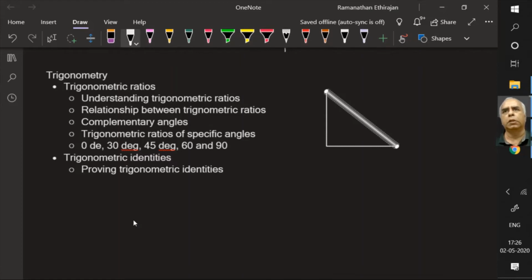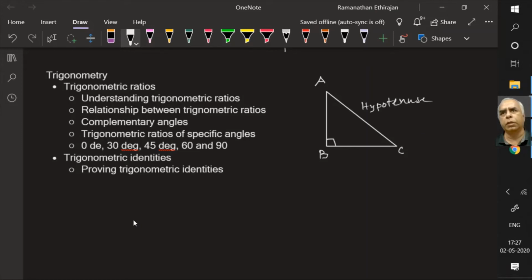Let us consider this is A, this is B, this is C, and this is the right angle. You know very well, the largest side is opposite to the right angle. That is called hypotenuse. And then let us consider this angle.